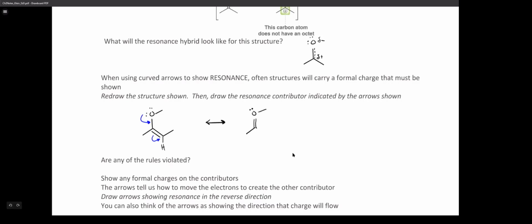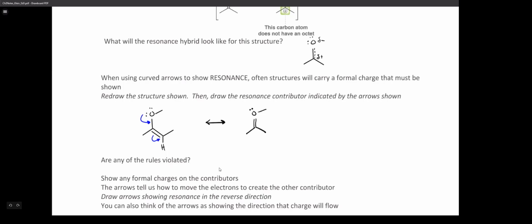What's happening according to the other arrow? These electrons are going from being shared to being where? Only on the carbon. Good.